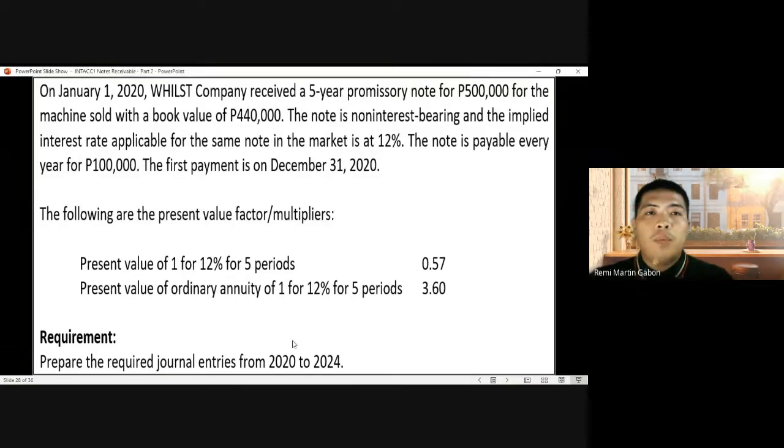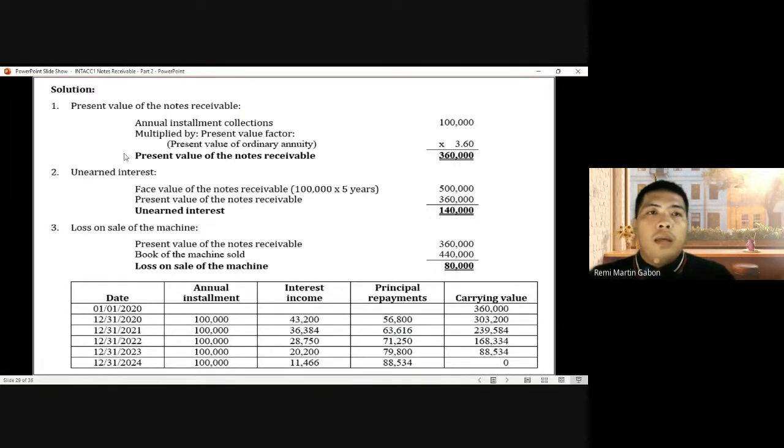So we proceed with the necessary computations. For present value, we multiply the annual installment collections by the present value factor, the PV of ordinary annuity of 3.60. That would be a 360,000 present value. For unearned interest, the difference of 500,000 and 360,000 is 140,000. The loss on sale is 80,000.